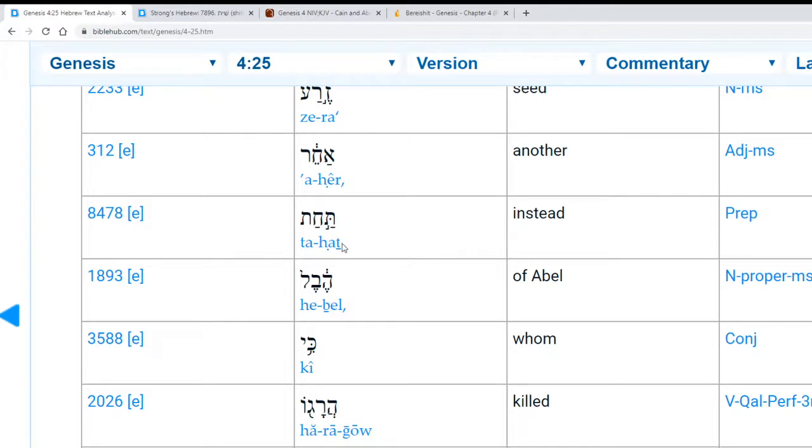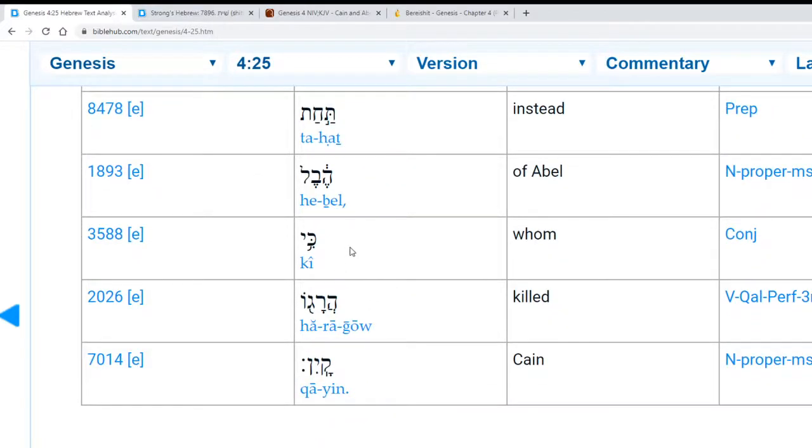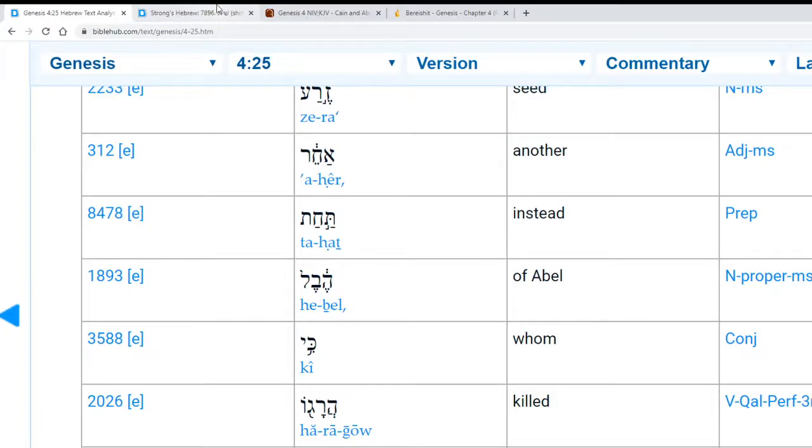This instead of that. Ze tachat ze. Hevel. Ki harago Kayin. They're translating it as whom because harag, hey resh gimel. That's the verb we've had before. Killed him, right? Above he killed him. Kayin. So because Cain killed Hevel, right? Okay.